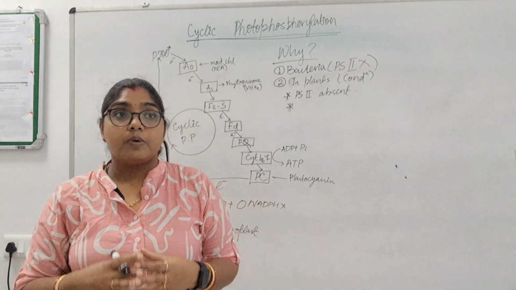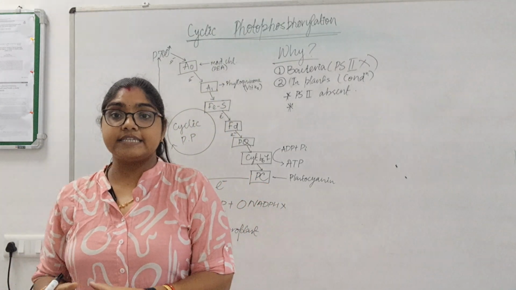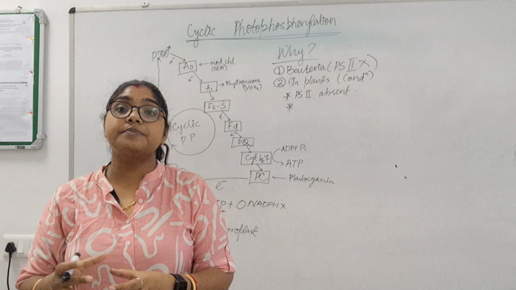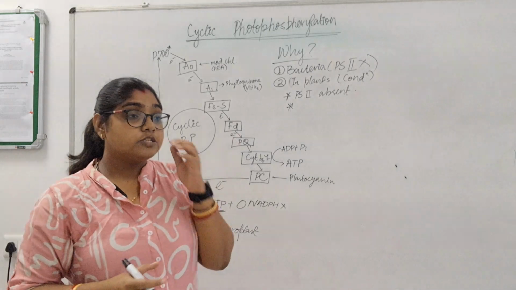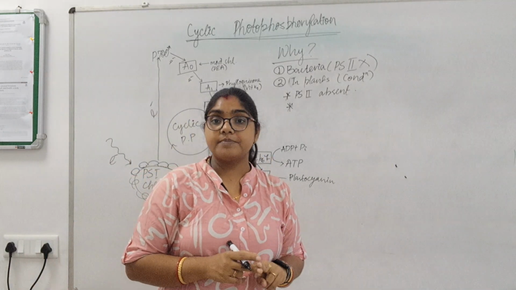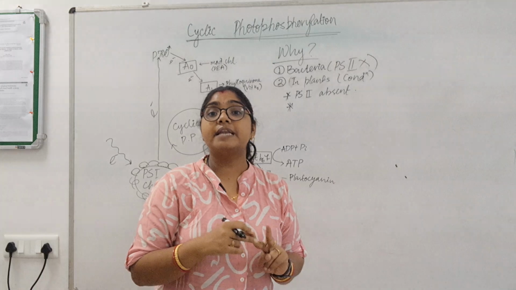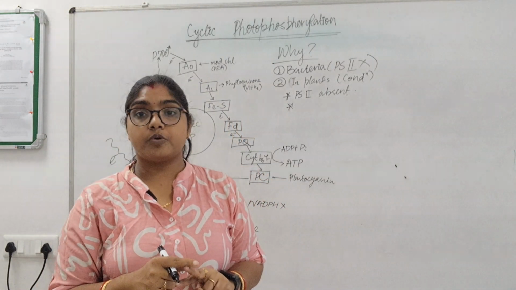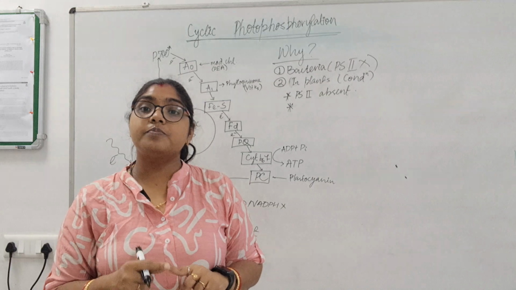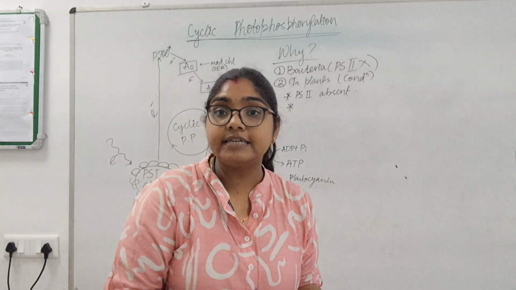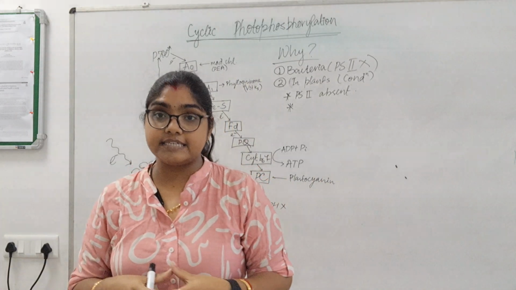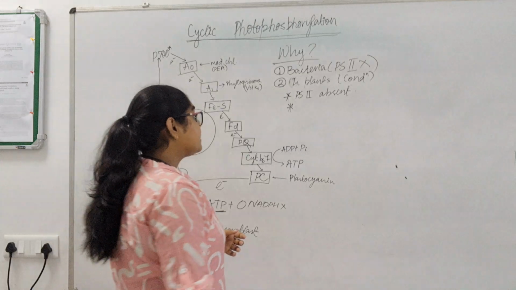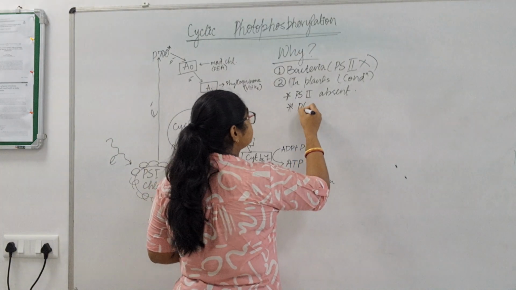What happens in high intensity of light is that photosystem 2 gets inactivated. As we know, in photosystem 2 there are two essential membrane proteins, D1 protein and D2 protein. This D1 protein gets inactivated in high light intensity, and this is known as photo damage.